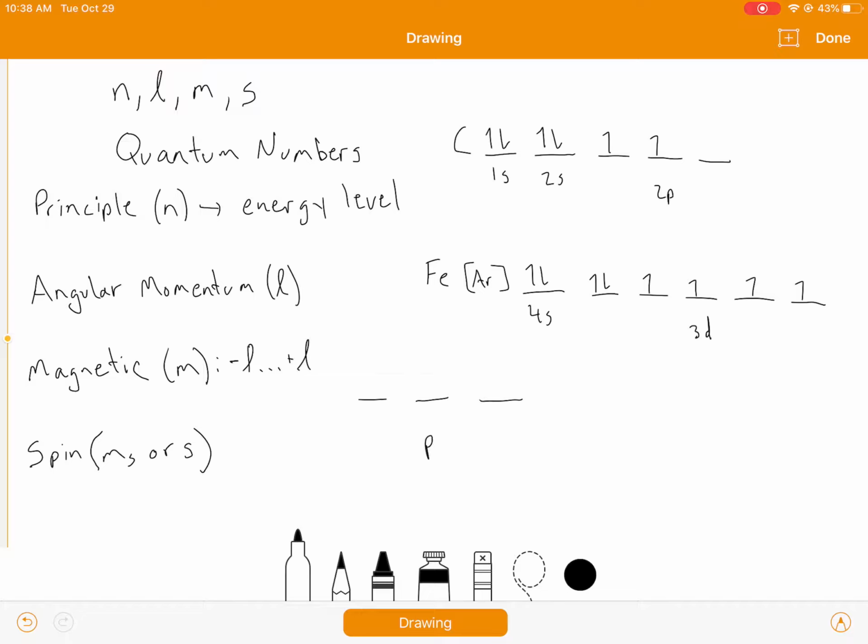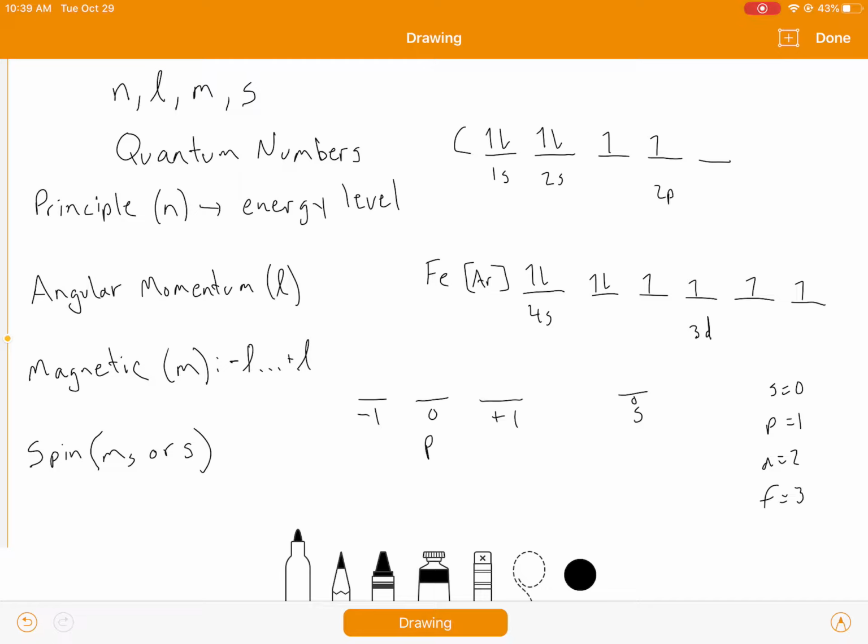So remember s is 0, p is equal to 1, d is 2, and f equals 3. If it's p, that means we go from negative 1 to positive 1. This is just a label to go on each orbital. We would call it the negative 1 orbital, then 0, then positive 1. If it were an s sublevel, negative l to positive l, well, l is 0, so there's just one orbital, and we label that with a 0.